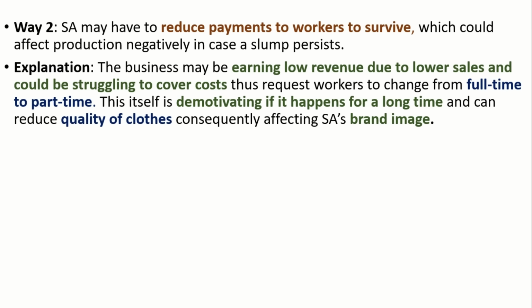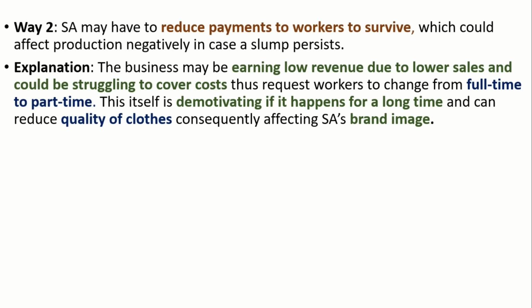Then way number 2, we are saying that SA may have to reduce payment to workers to survive, and that is knowledge, which could affect production negatively in case a slump persists. So the business may be earning low revenue due to lower sales and could be struggling to cover costs. Thus request workers to change from full-time to part-time.